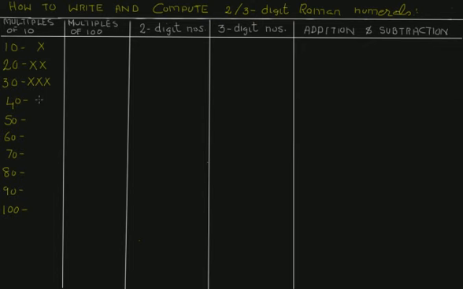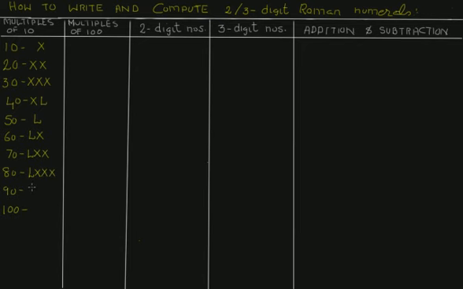40 is basically, as I told you, going to be 50 minus 10. Remember, if a greater value number is followed by a smaller, you need to subtract. That is 50 minus 10, 40. 50, 50 plus 10, 60, 60 plus 10, 70, and 80.